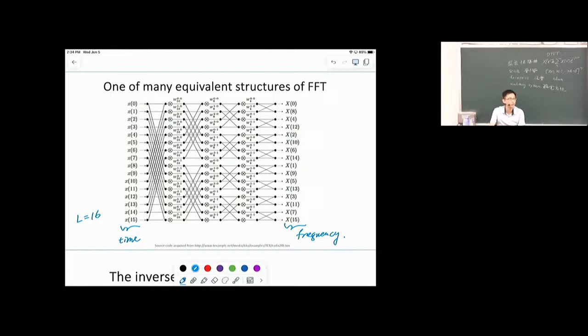We are already in the frequency domain in the end. So the flow goes from left to right, in one direction.